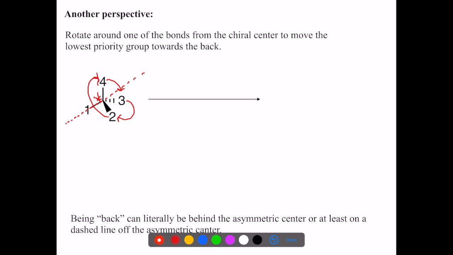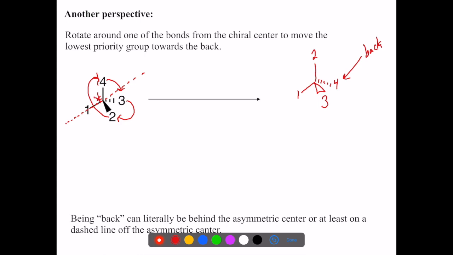So group 1 is along the axis. It didn't rotate. The wedges and the dashes are in the same locations, but now 2 is here, 4 is here, and 3 is here. And 4 is on a dash, which means it's going back. And that's all you need, is for it to go back.